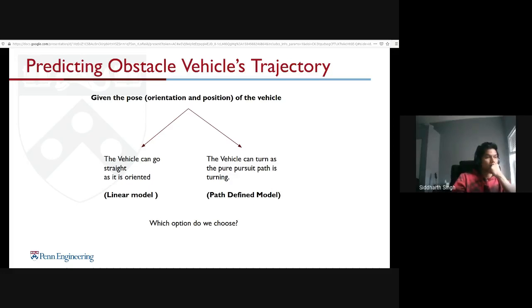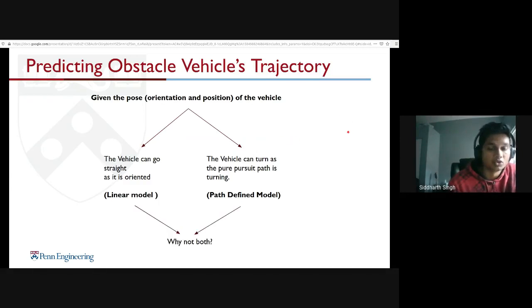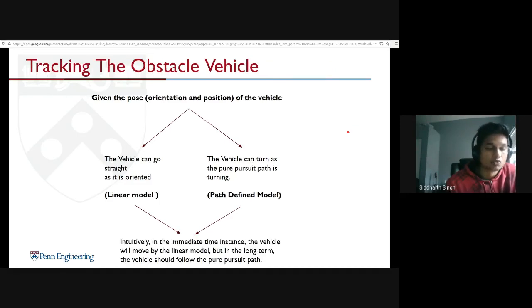Okay, so I'm going to go ahead and talk. Like Matt said, what would be a good generalizable pure pursuit model? So instead of choosing one, how about we generalize pure pursuit and choose both? A good way to do this is to understand how a vehicle in all probability would behave.